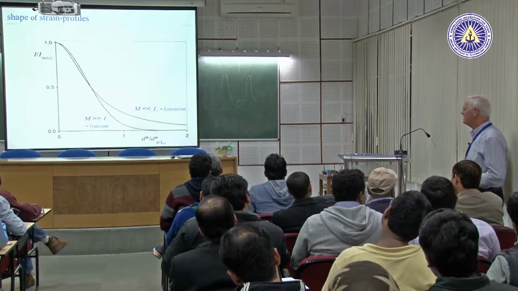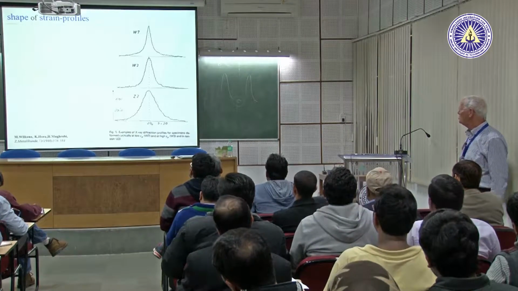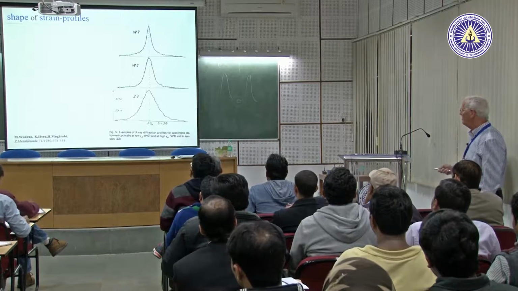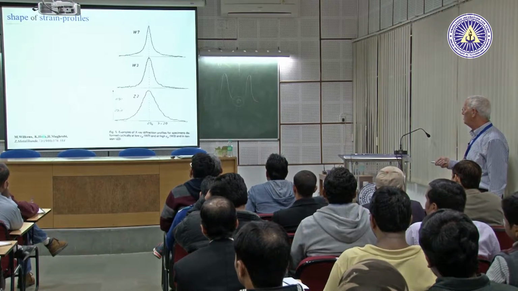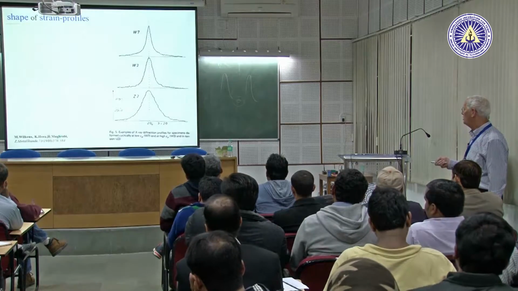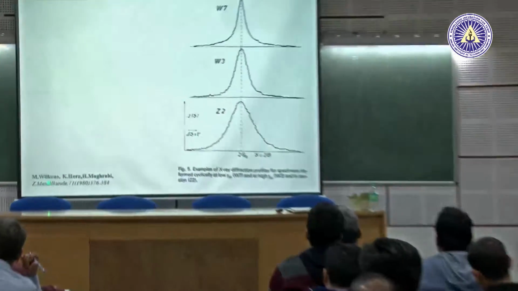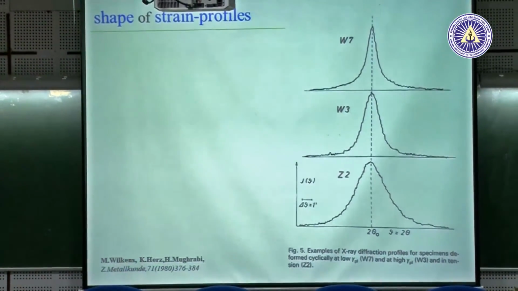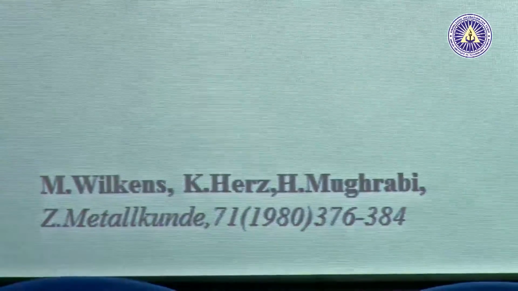I just invented it. So I show you an experiment which was done by Wilkens, a PhD student called Hertz, and Mughrabi in 1980. It was published in Zeitschrift für Metallkunde. You see here 3 peaks.